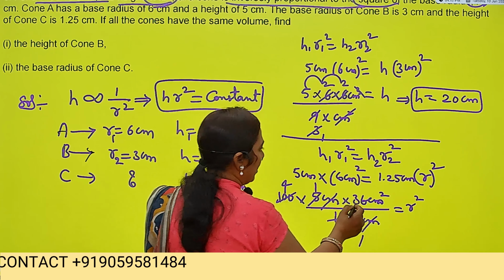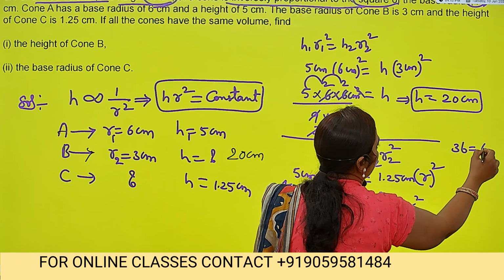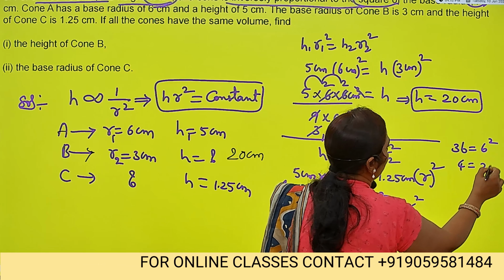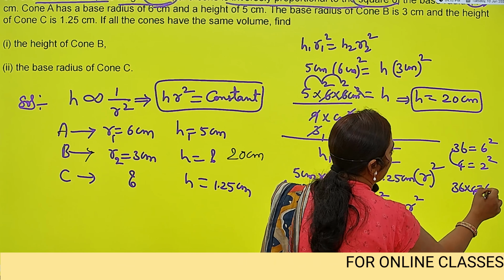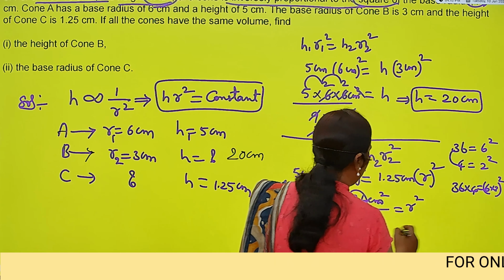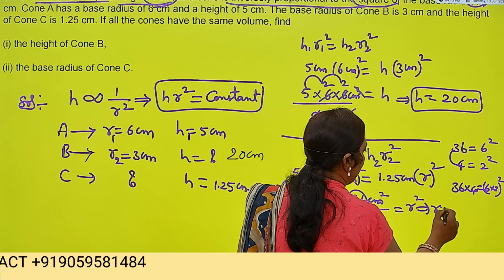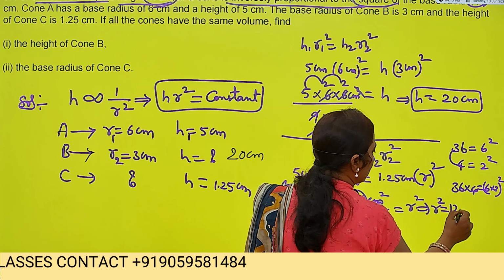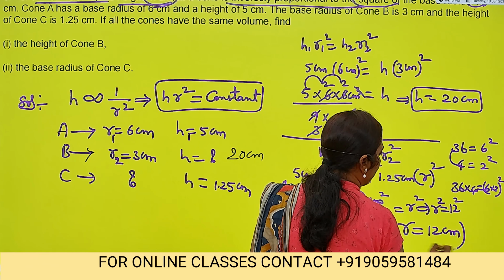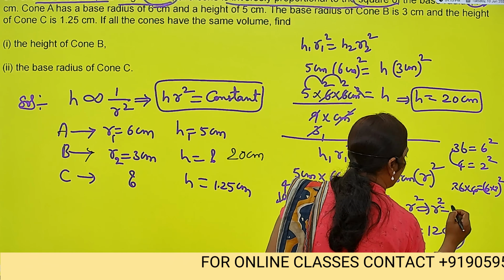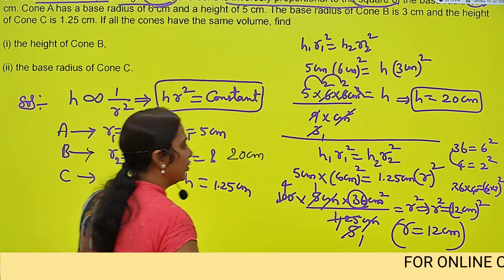Okay, here 36 is a perfect square. 36 equals 6 square, 4 equals 2 square. This product 36 into 4 equals (6 into 2) whole square, which is equal to 12 square. What is the radius here? R equals 12, or r square equals 12 square. From this r equals 12 centimeters, or here we write (12 centimeters) whole square also with the units.